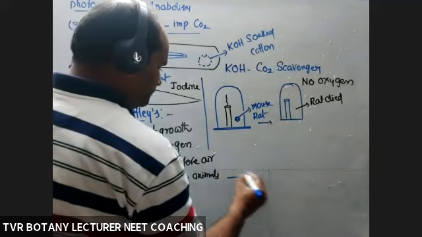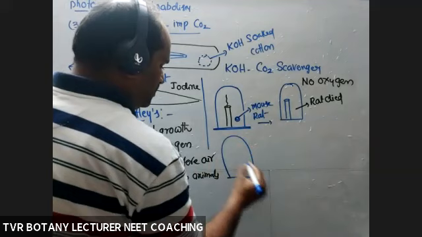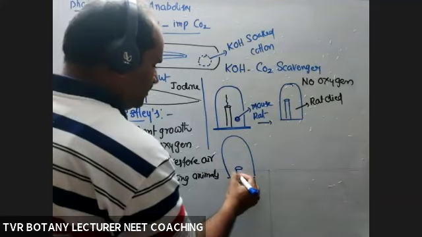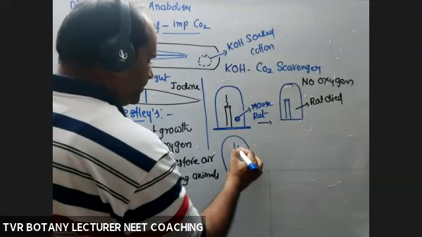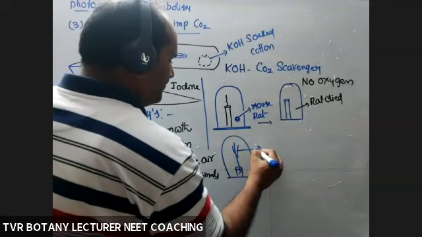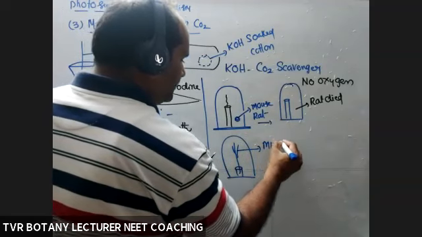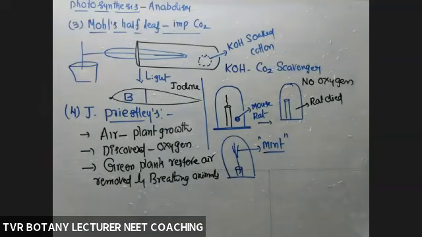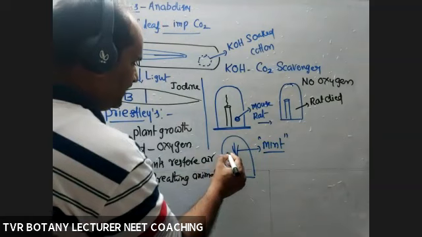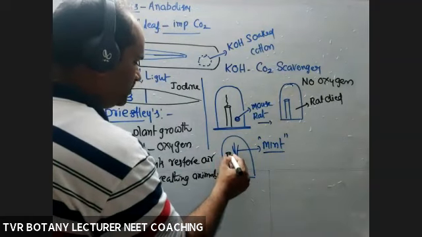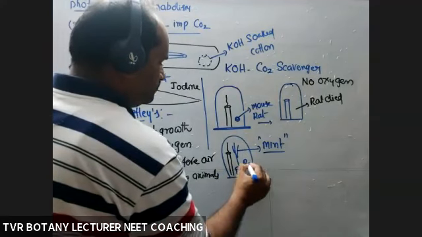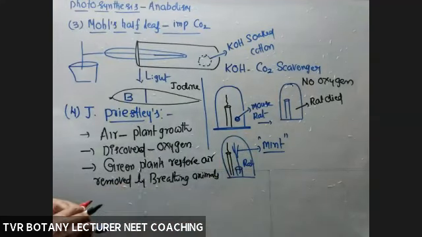The second experiment. Now, into the bell jar, an angiospermic plant was introduced. That is a mint plant. So mint is an angiospermic plant. And a candle towards one side, no problem, and a rat. So what happened?